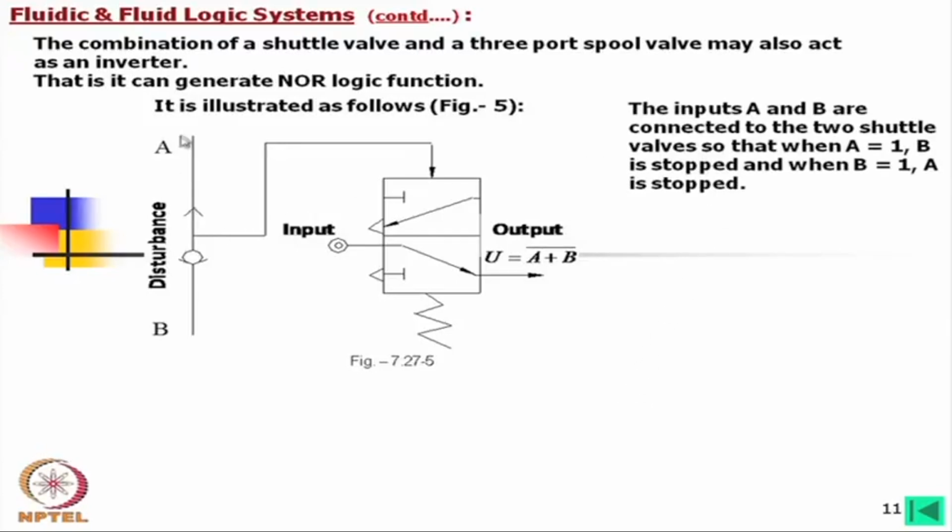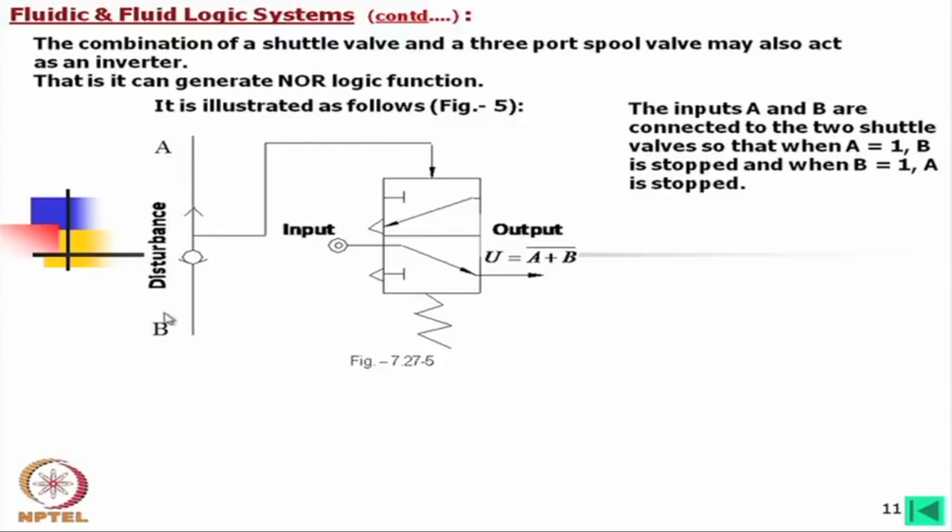The inputs A and B, these are 2 inputs connected to the 2 ends of the shuttle valve, so that when A is equal to 1, B is stopped, and when B is equal to 1, A is stopped. That means, when the flow is coming through this, it can go in this direction and this will be stopped, or when the flow is coming from B, A will be stopped and the flow goes in that direction.